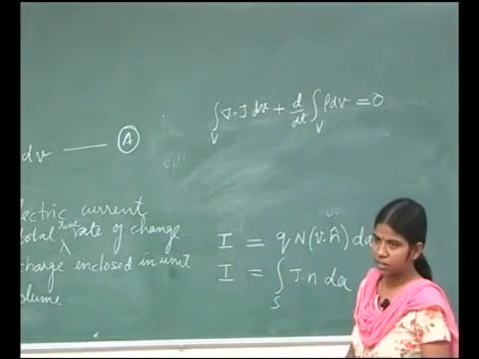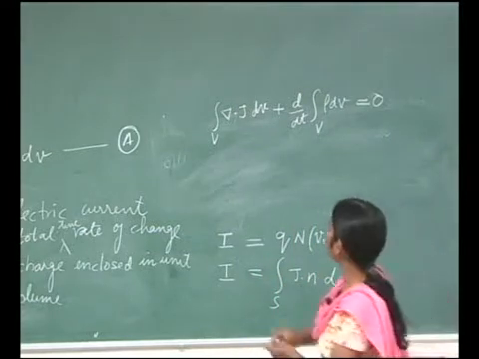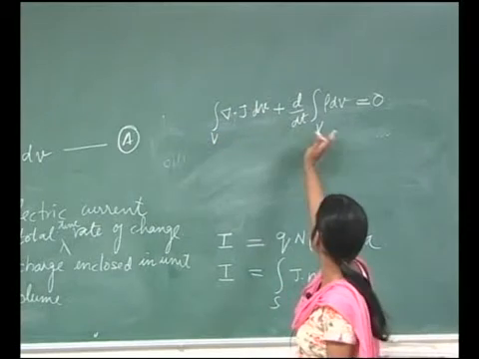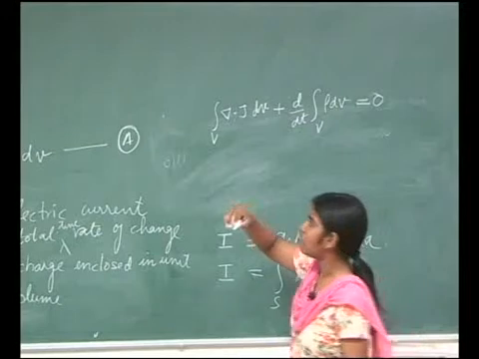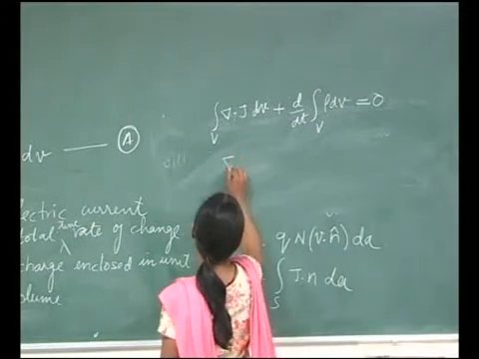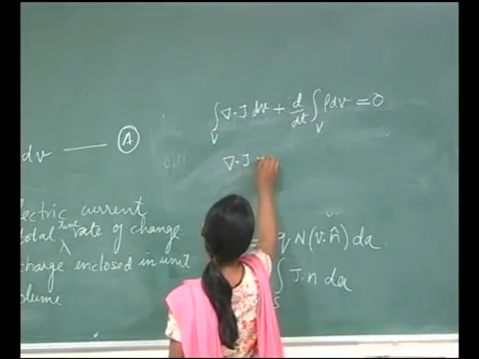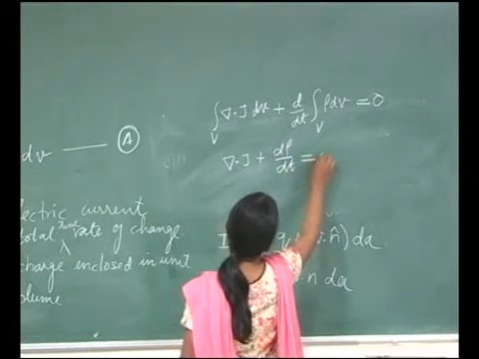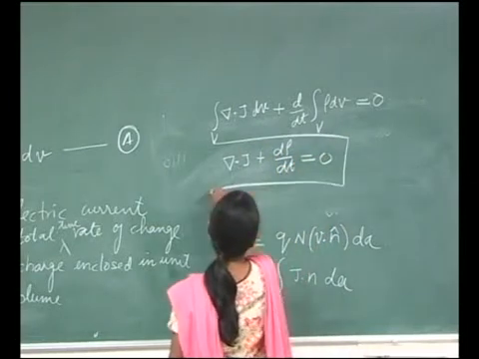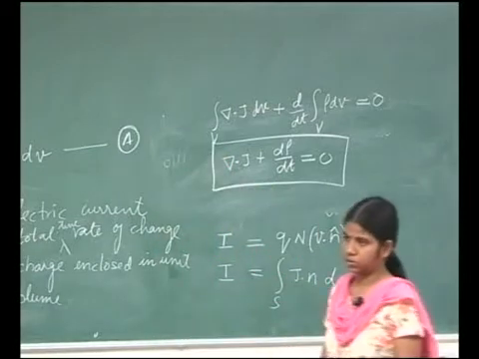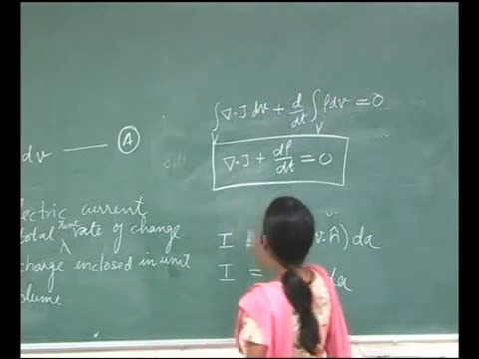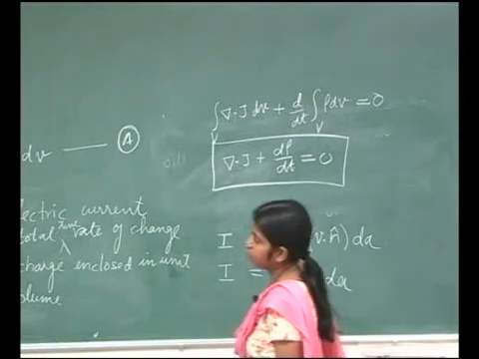Do we get this? Now, this volume V here is arbitrary, you can choose anything. So, I can easily leave the integral sign, and what I get here is del dot J plus d rho by dt is equal to 0. This is your continuity equation.